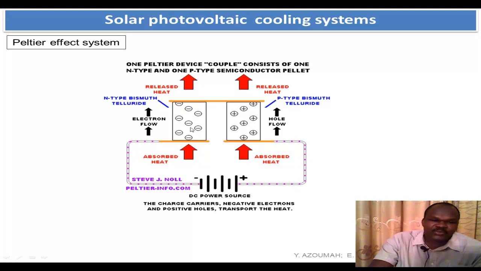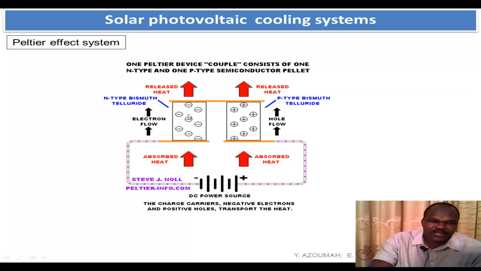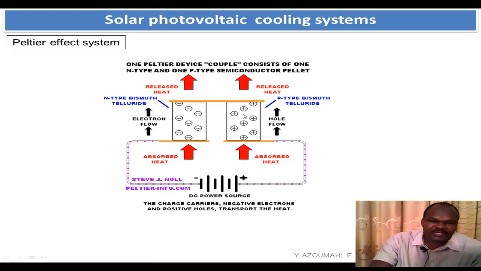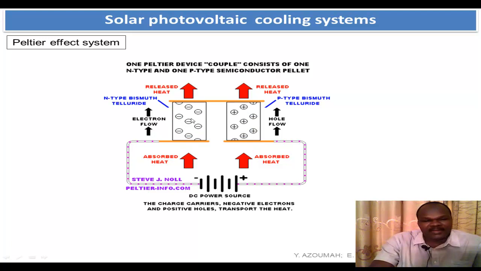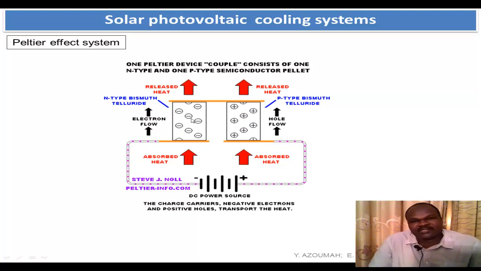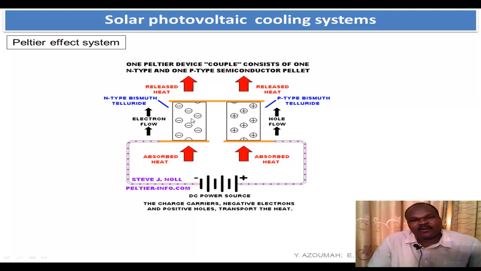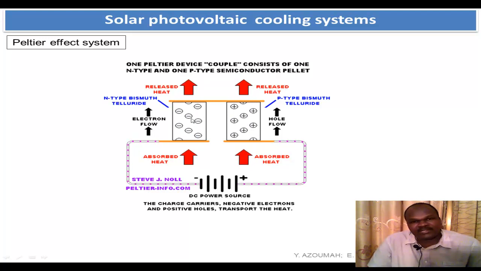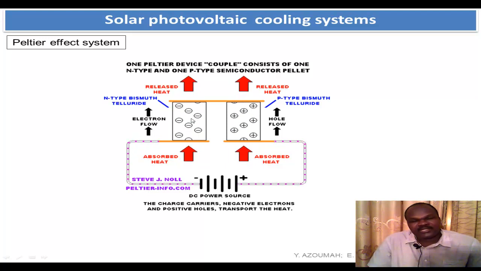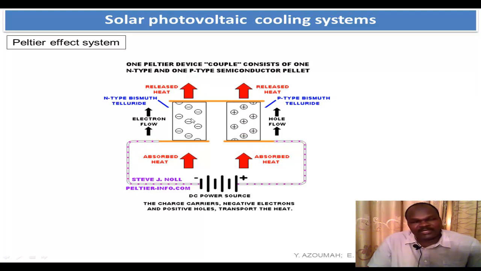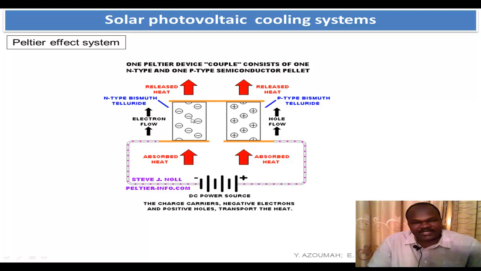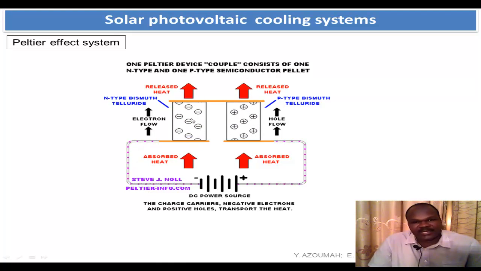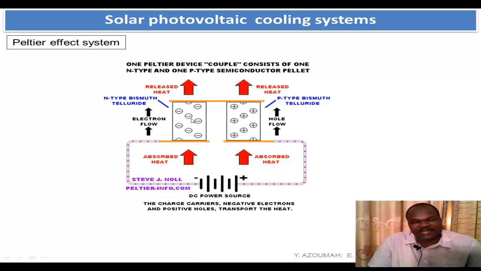If you have two semiconductors, one doped N and the other doped P, remember again, these semiconductors are normal chemical elements. You either add some free electrons in them, in that case they are doped negatively. They have excess electrons.